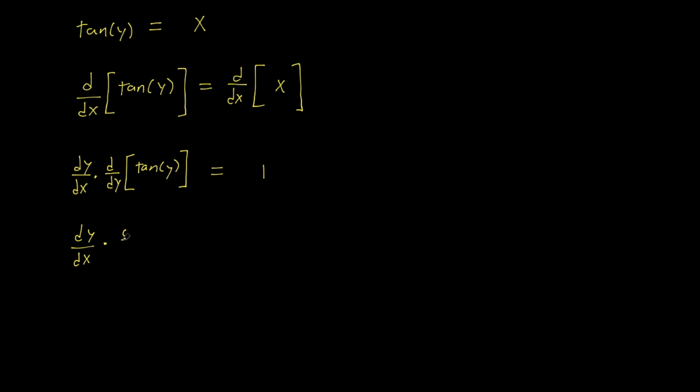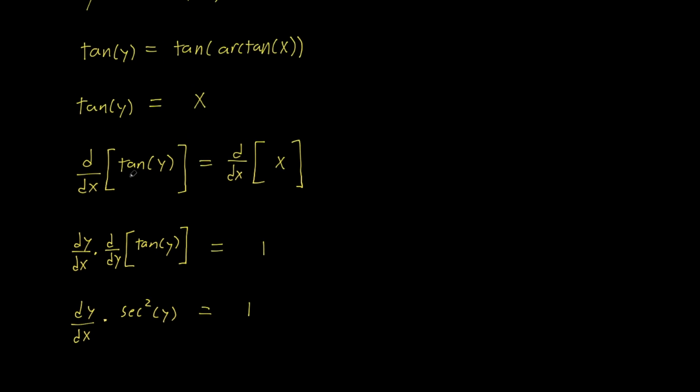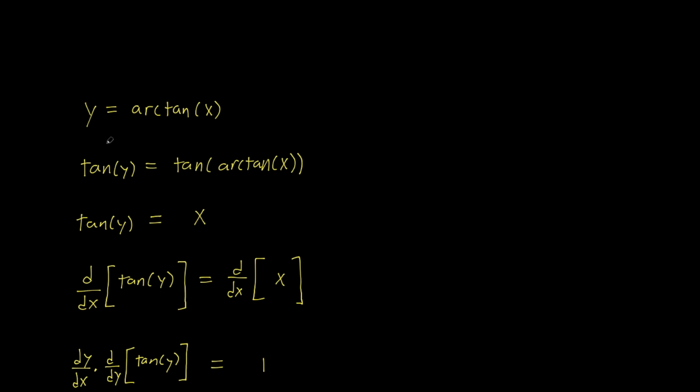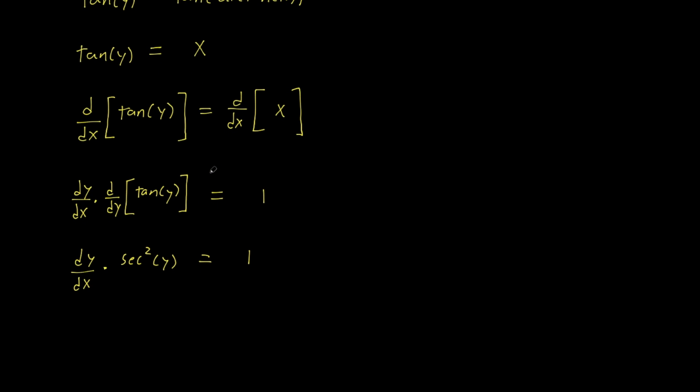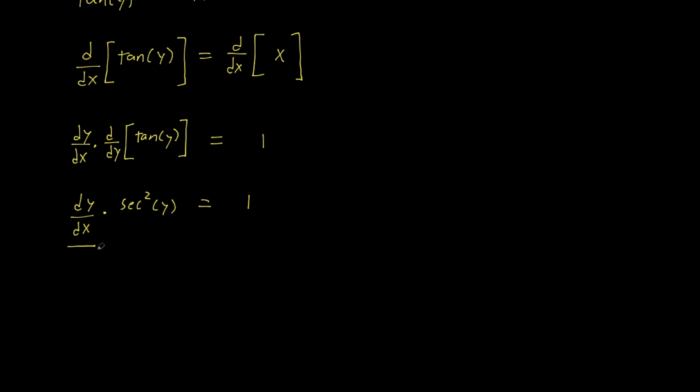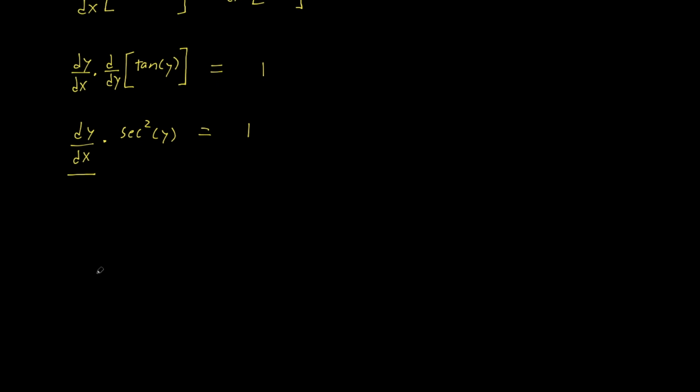So we have times secant squared y equals 1. And if we go up top, we can see that we have a function of y equals arctan x. The derivative of y with respect to x is going to be equal to dy dx. So we can go ahead and solve for dy dx. dy dx equals 1 over secant squared y.